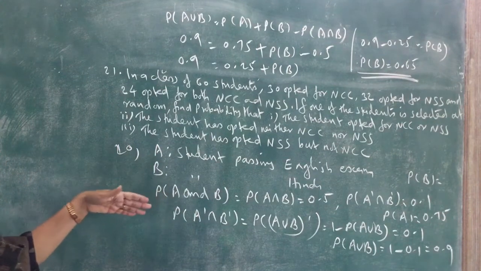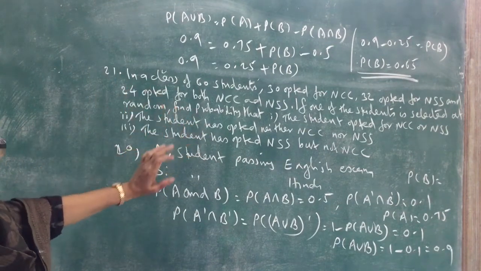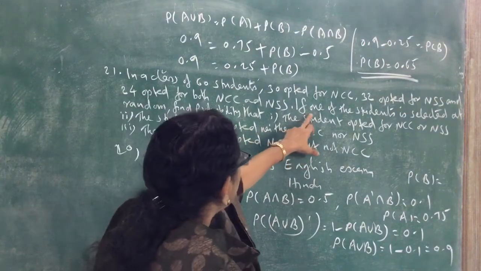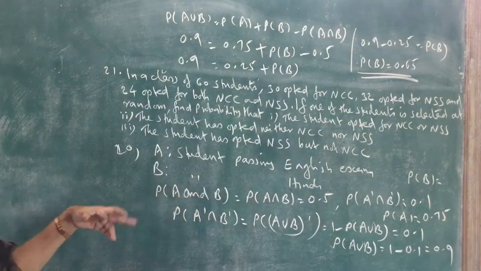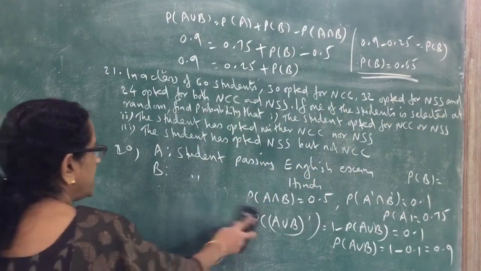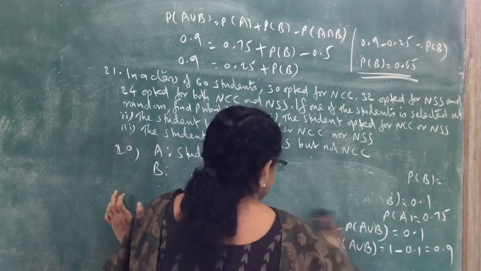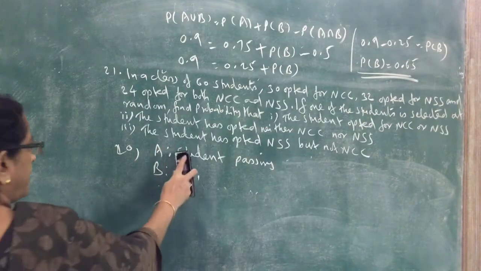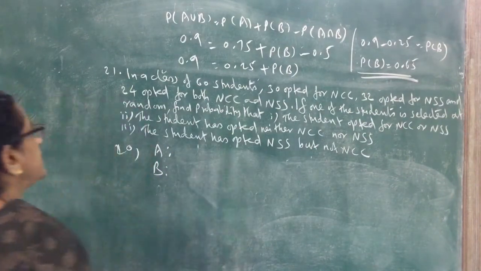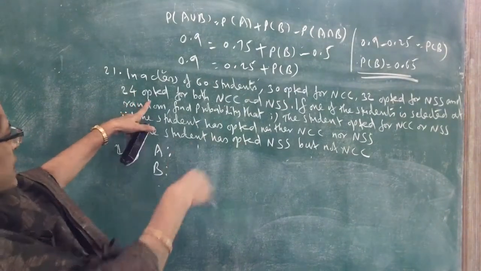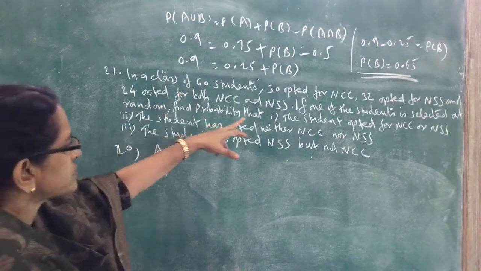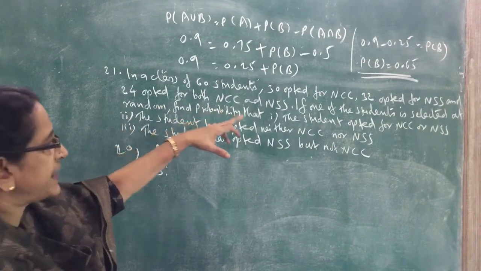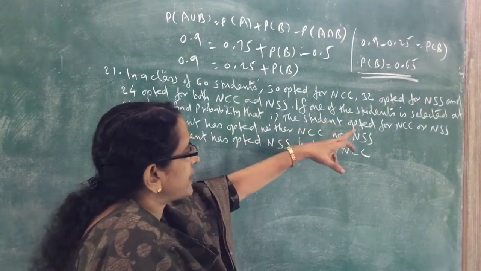So we can name the events. From the class of 60 students, one of the students is selected at random, and we find the probability that the selected student opted for NCC or NSS.